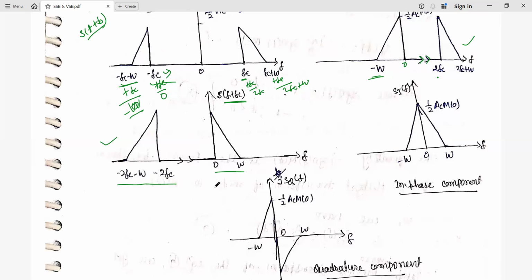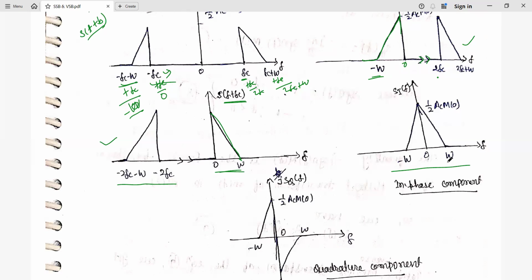We need the signal only in the range of −W to +W. So from −W to 0 we have this portion, and again from 0 to W this portion. Finally, this is the in-phase component.